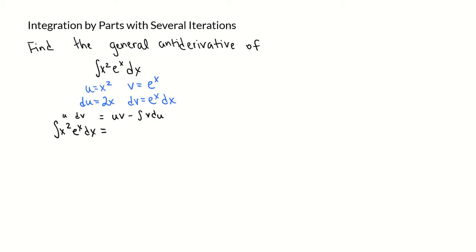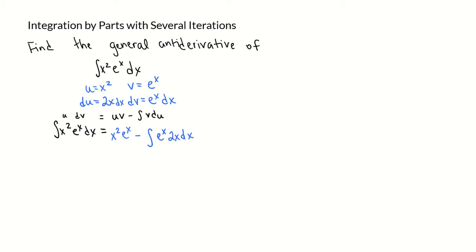So we get u times v, which is x squared e to the x minus integral of v, which is e to the x, du, which is 2x. And I missed my dx here with du, 2x dx.